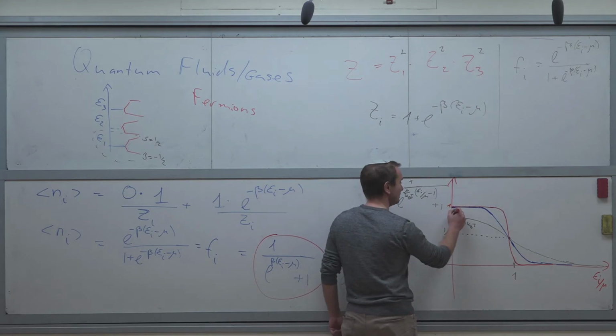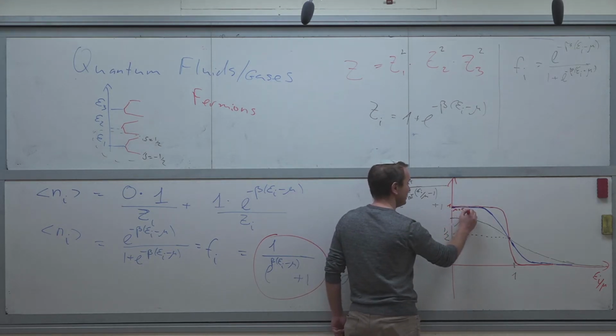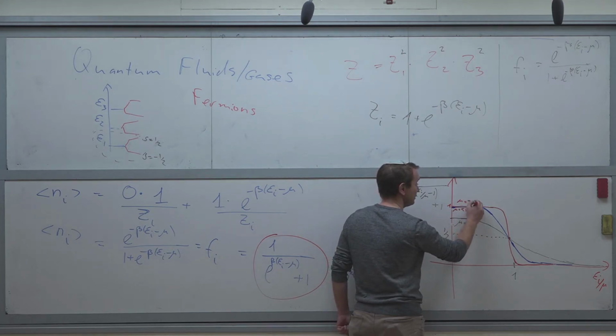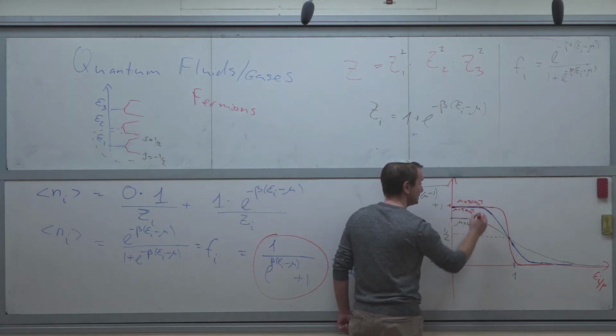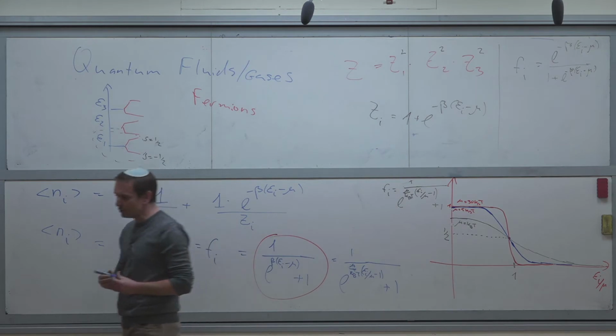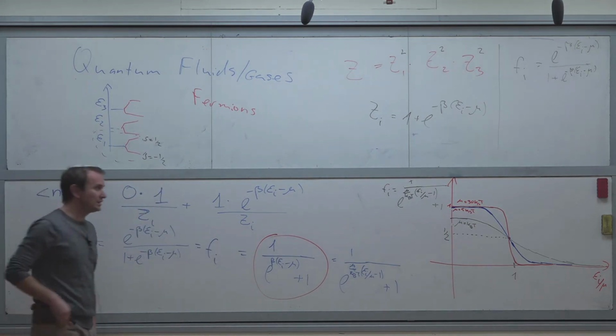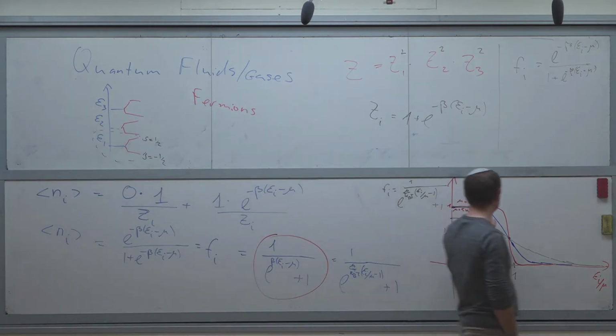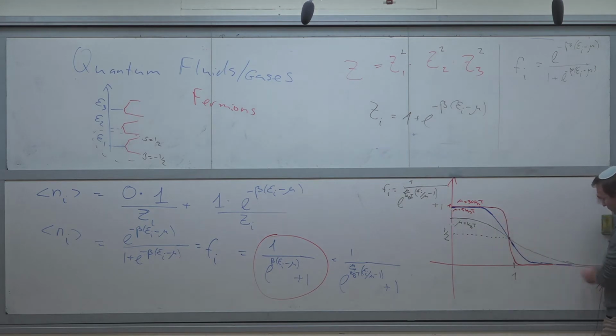So this is something like mu equals 5 k Boltzmann T. This is mu equals 30 k Boltzmann T. Here we already observe a step function for the probability. The energy is smaller than mu, the probability is 1. The energy is larger than mu, the probability is 0.